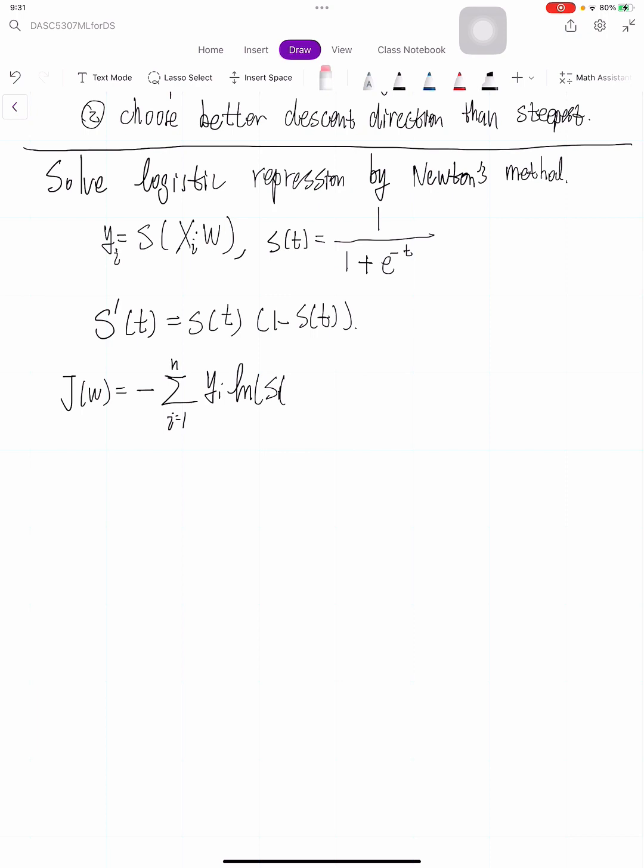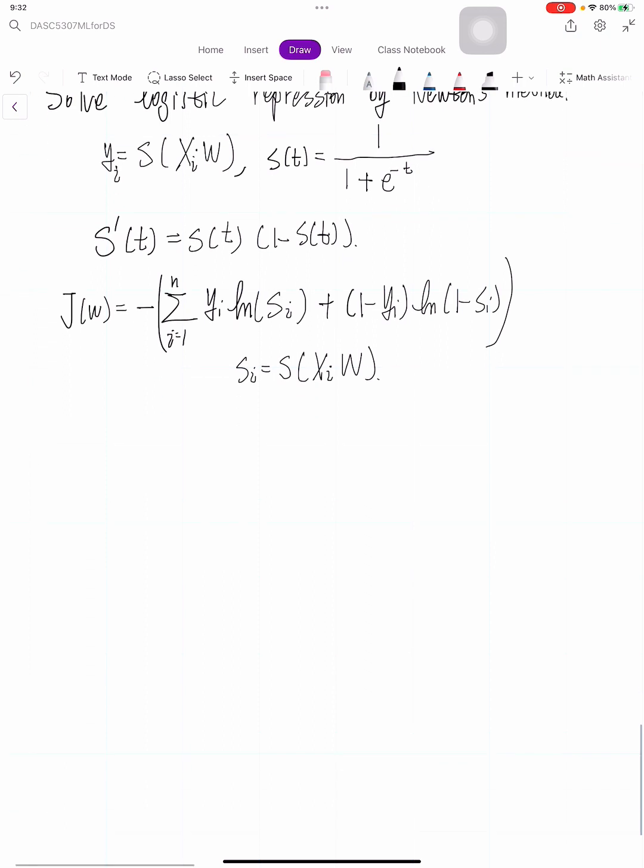Let's use a simple notation s_i, where s_i denotes the logistic transformation of x_i times w.